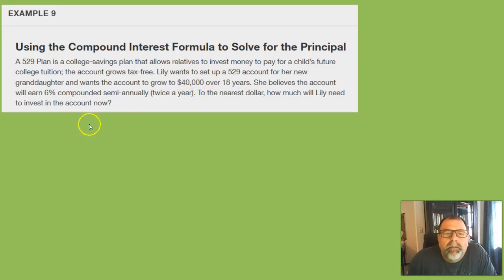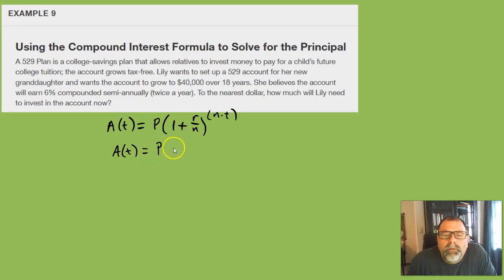So let's see here. We have this formula, A equals principal times 1 plus r over n to the nt. So let's plug in what we know. We don't know the principal. We want to solve for that. 1 plus, she believes she's going to get 6%. n is twice a year, so that'll be 2t.